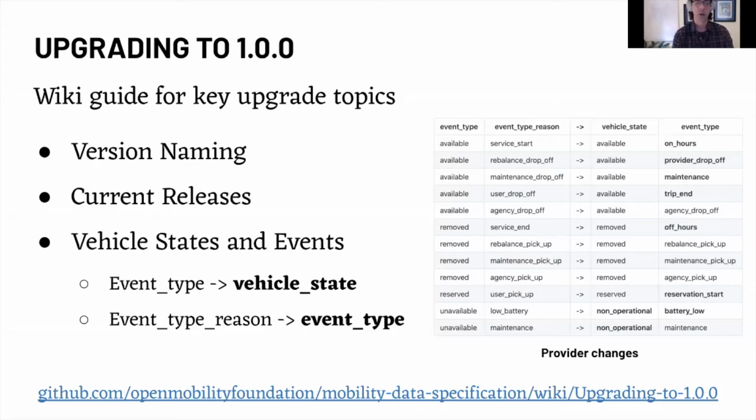And we have charts like the one you see on the right for provider that show the previous event type and event type reason names and how they've been migrated to a vehicle state and an event type. And the changed items are in bold on the right. So this guide is to help you understand these changes. And we also welcome you to let us know if there are other things you'd like to see in this upgrade guide. And as we get questions, I'll keep that updated as well.